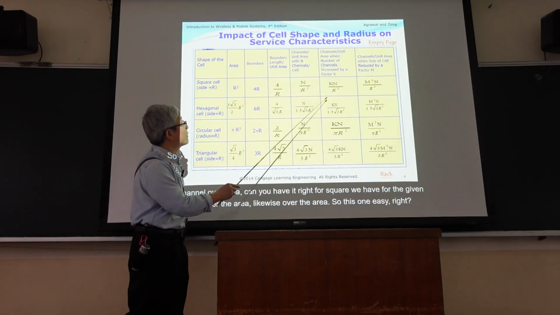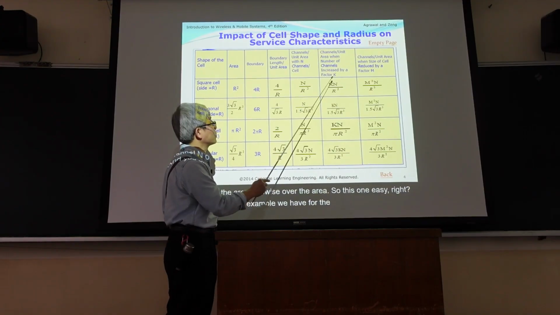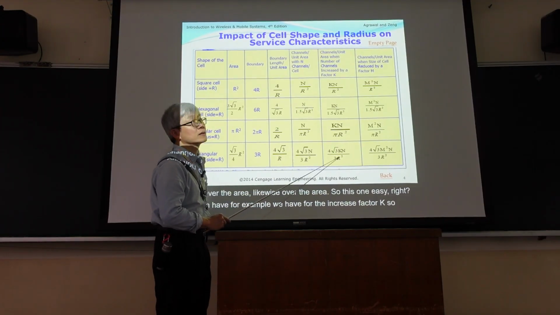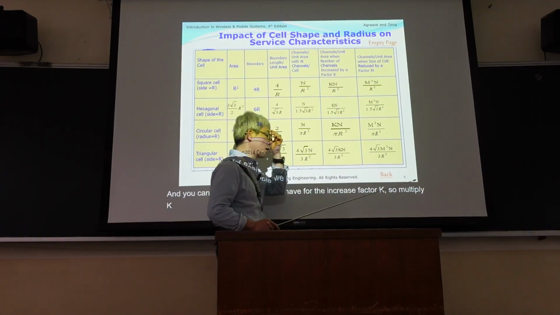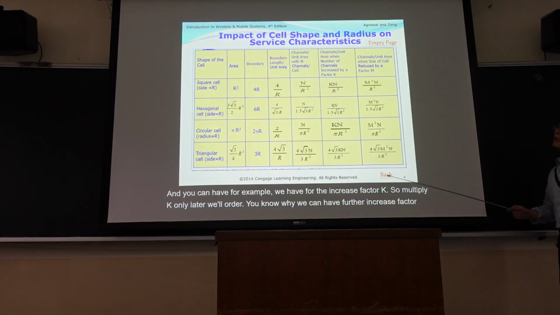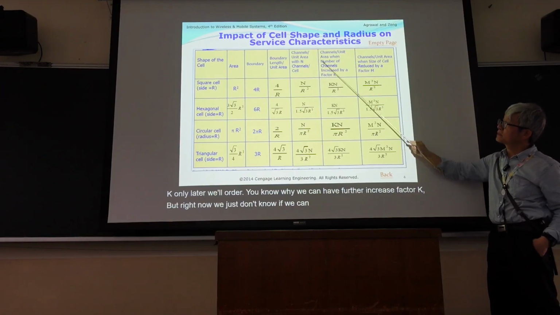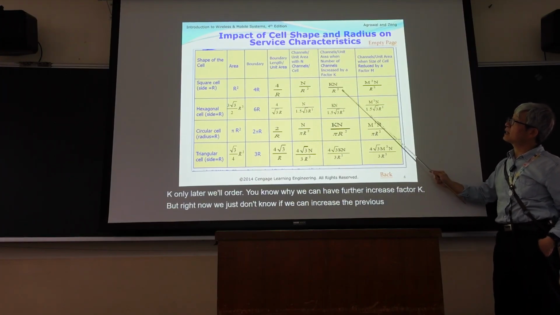And then for example, we have the increase factor k, so multiply by k only. Later we want to know why you can have the increase factor k. But right now, we just know that we can increase the previous value by k, so multiply by k.